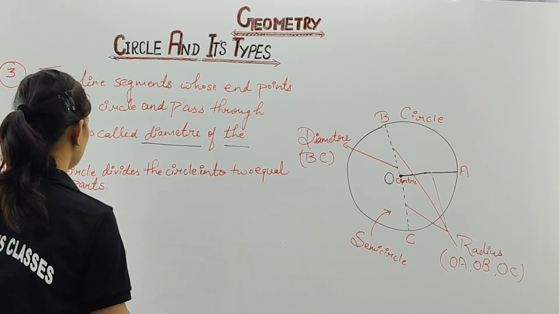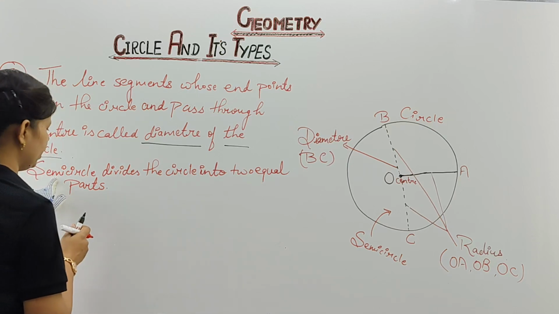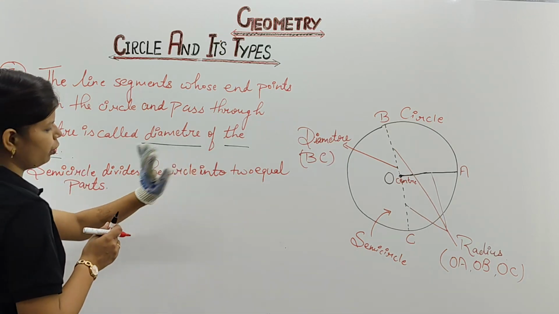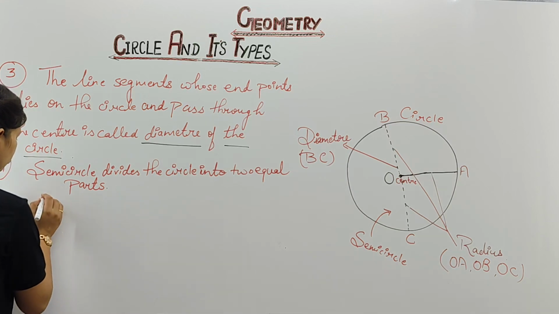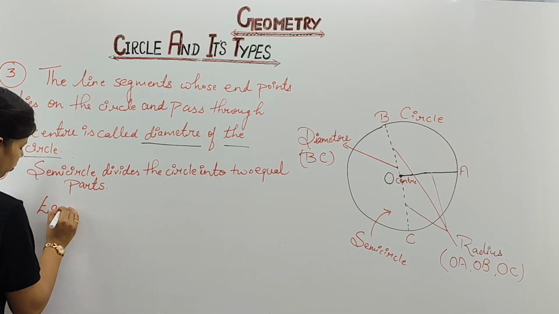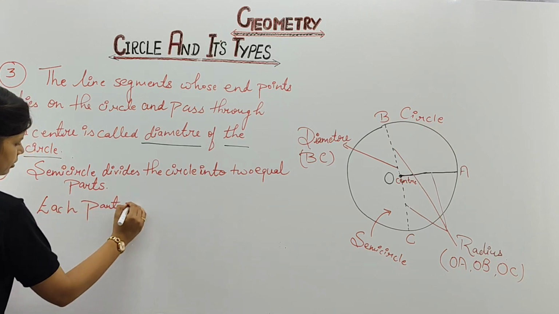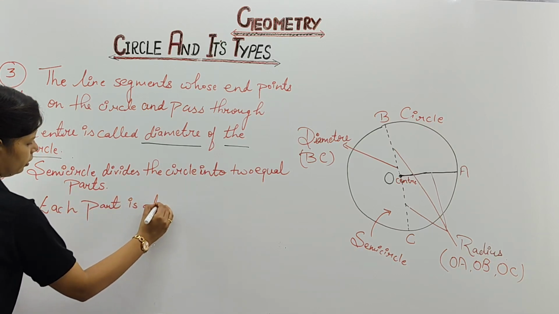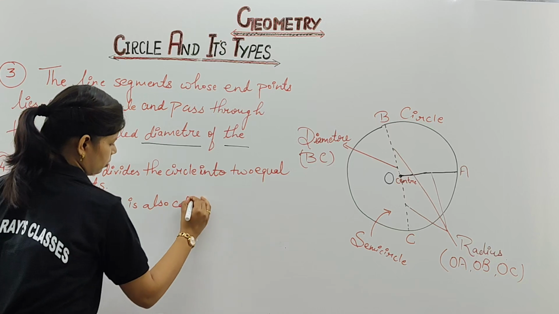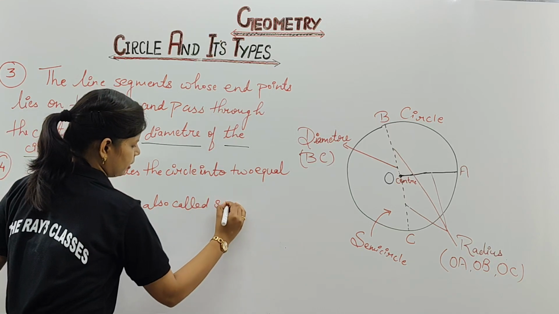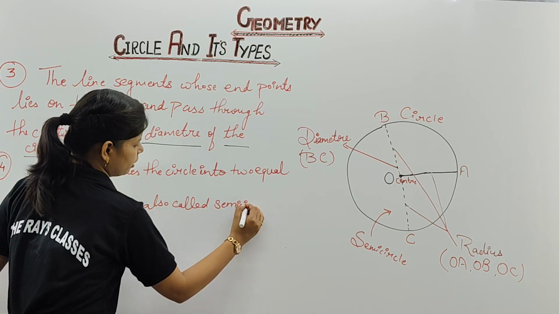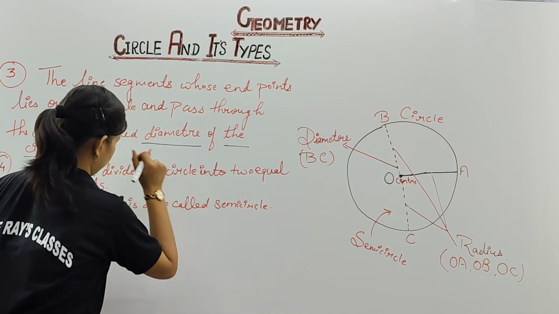Each part is called your semicircle, and here also you can write each part is also called semicircle.